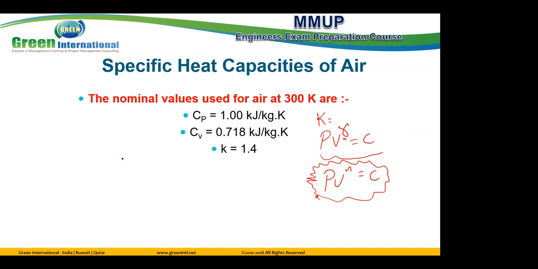What's the meaning of isothermal process? Isobaric, isochoric, adiabatic, reversible, isentropic.